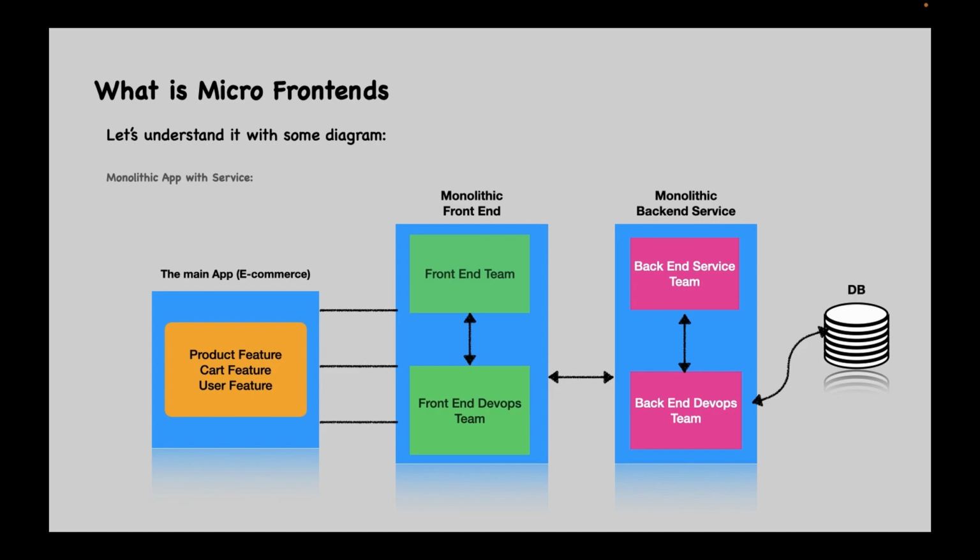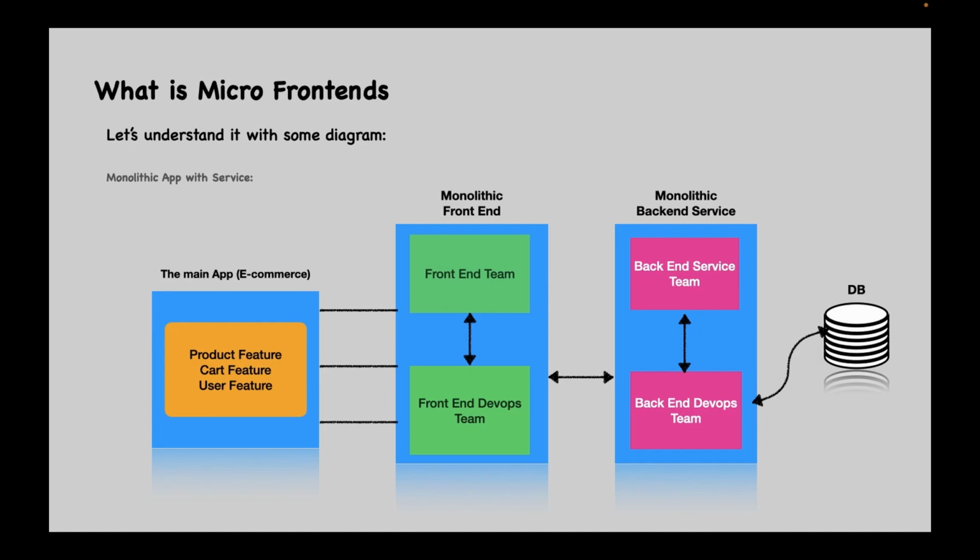Here the problem is, if anything happens to the backend server, then the total site will be down. And same for the front end: if anything happens to the front end server or the front end deployment, then the total site will be down.